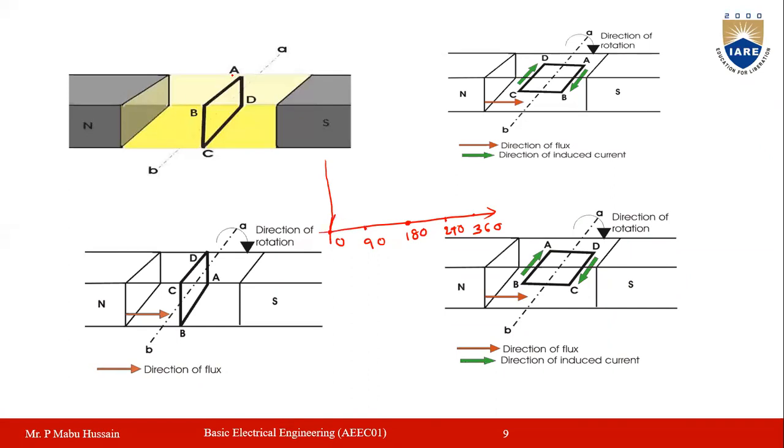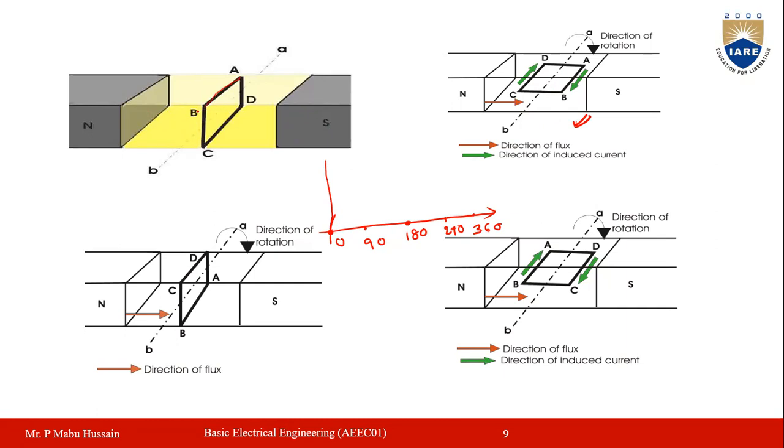Initially, if it is in this position, then no EMF will be induced in the conductors. Why? Because the flux lines and the direction of motion are both parallel. Your conductor is parallel with the magnetic flux lines.